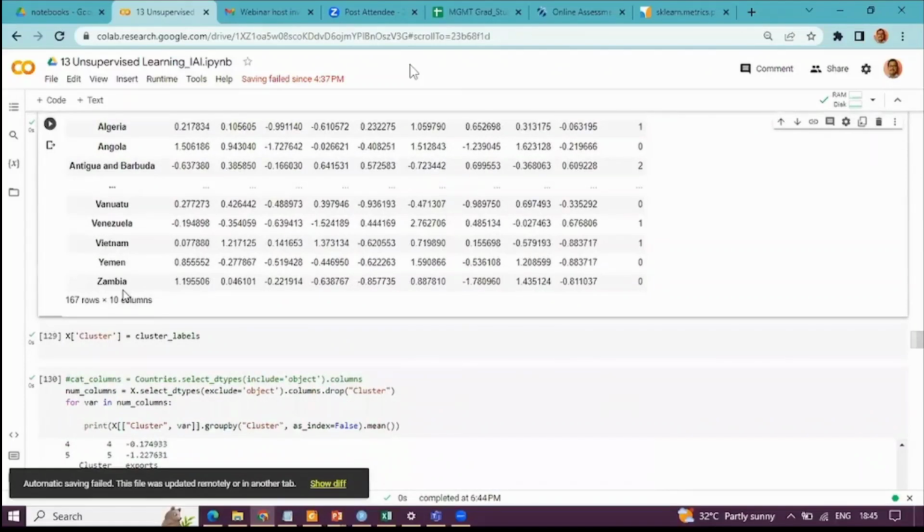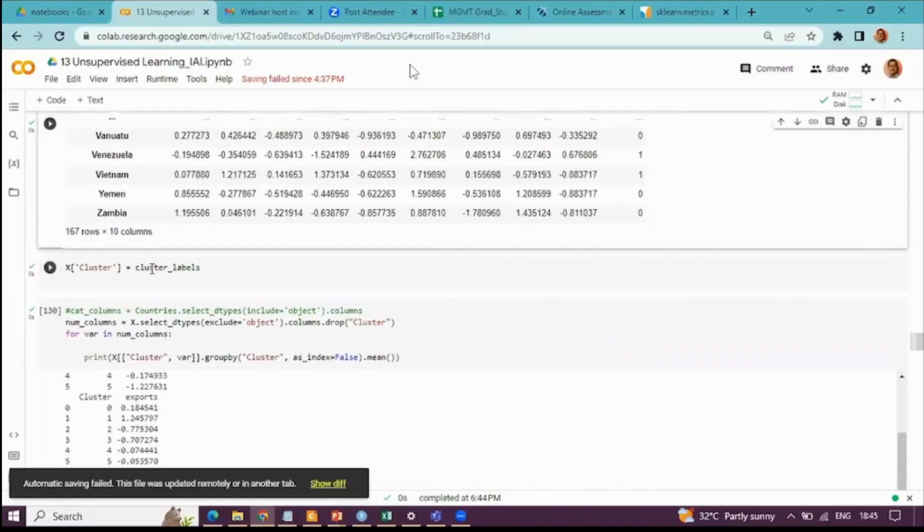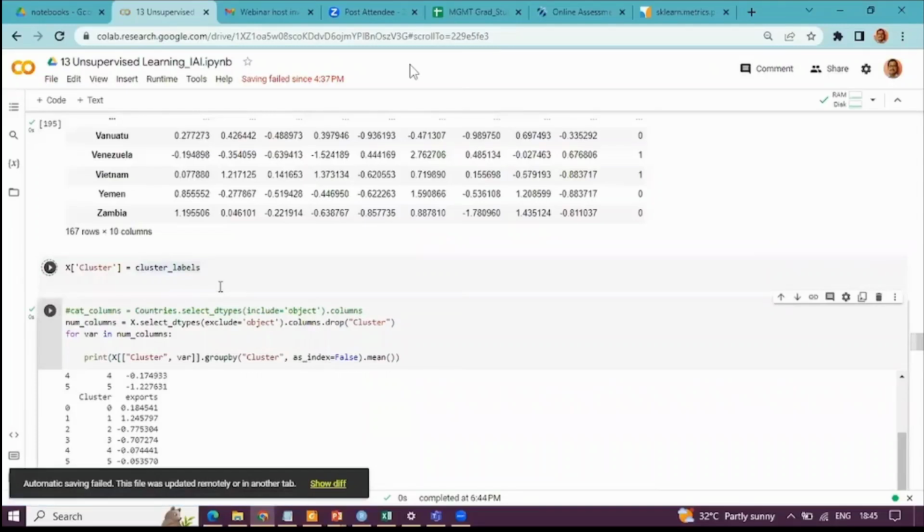So we can very well fit these cluster labels, and you can very well do the various computations.